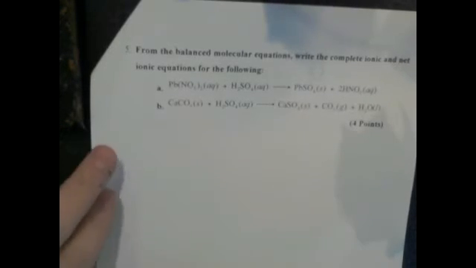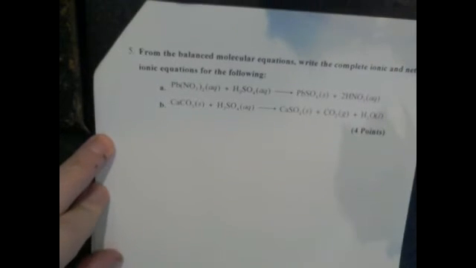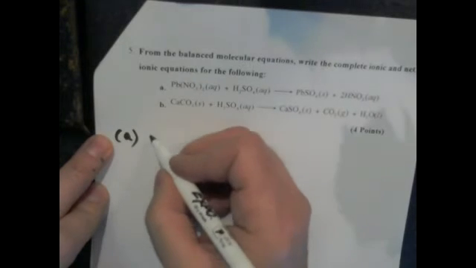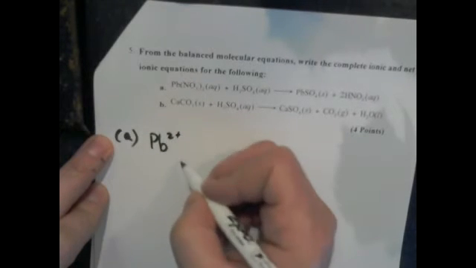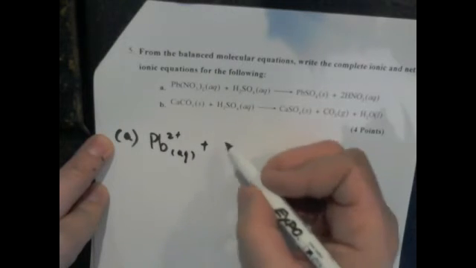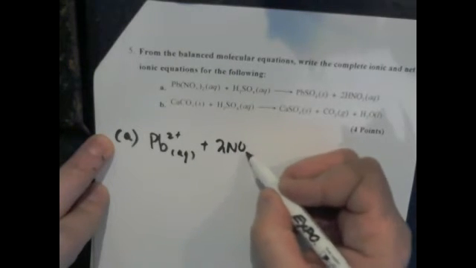So we'll just go through and basically expand each of these out to get the complete ionic. For A, the lead(II) nitrate here is aqueous, so I'm going to break that apart. I do have to have my phase labels for this to make sense. And then I get 2 nitrates.